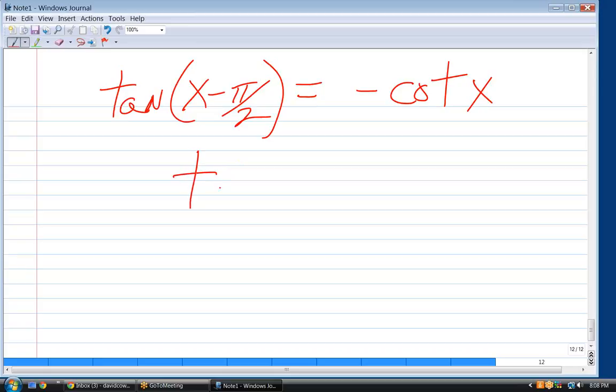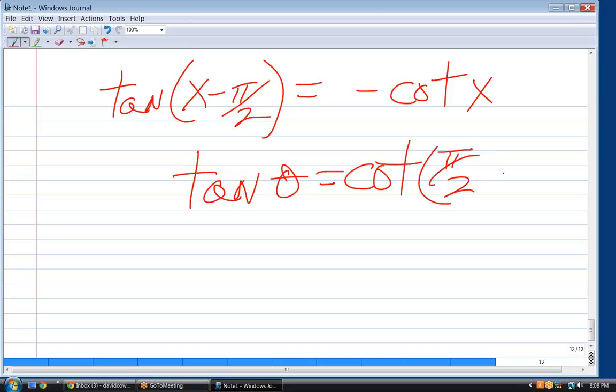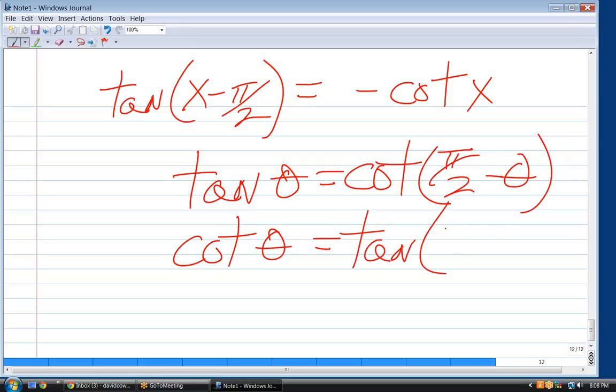And by that I mean the tangent of theta is always equal to the cotangent of pi over 2 minus theta. And likewise, the cotangent of theta is always equal to the tangent of pi over 2 minus theta. All cofunctions share these properties. Sine and cosine are cofunctions, tangent and cotangent are cofunctions, and secant and cosecant are cofunctions. Okay, you with me? Yeah.